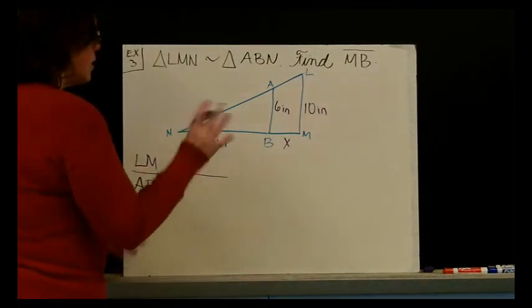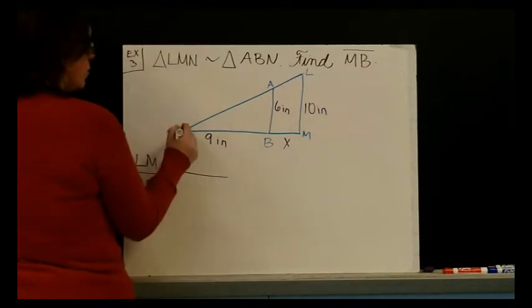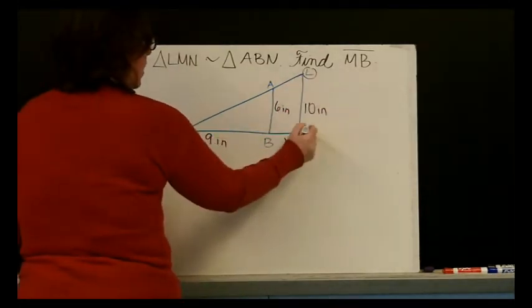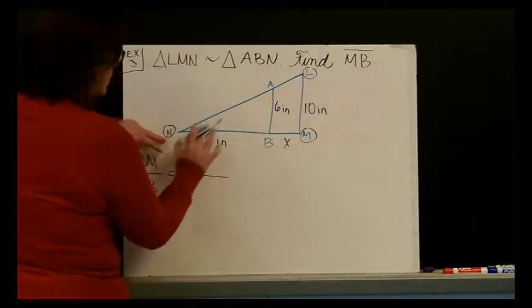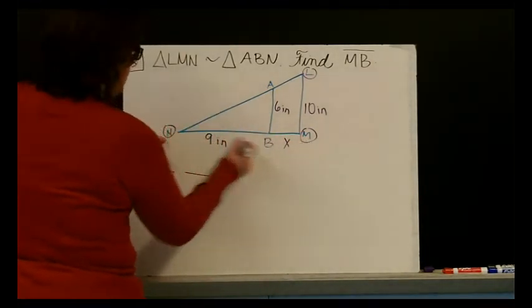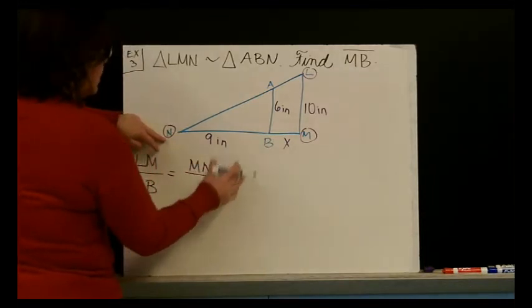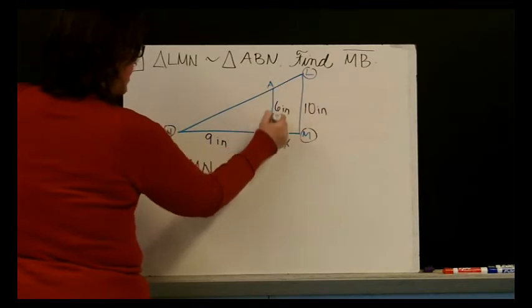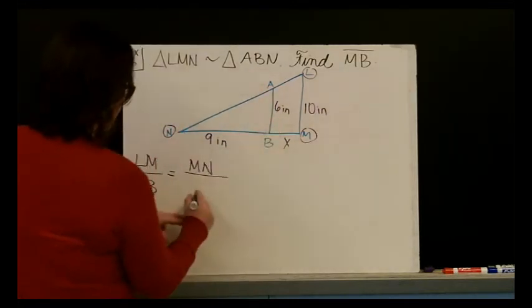Okay, here's the tricky part. Since we're working with LMN first, we need to know the base. Now the base is named MN. And then the base of triangle ABN is BN.